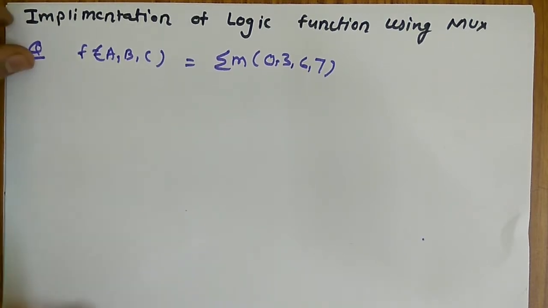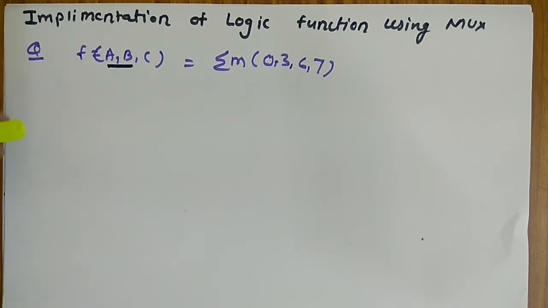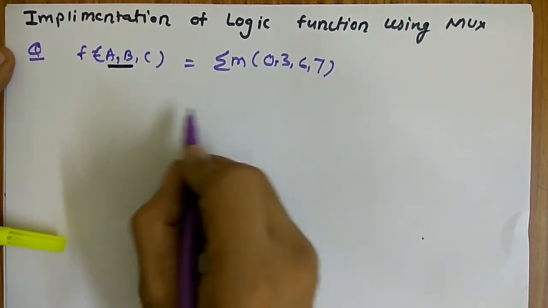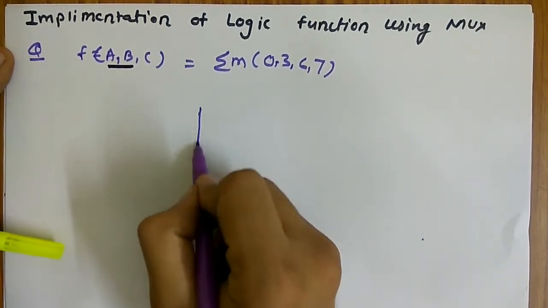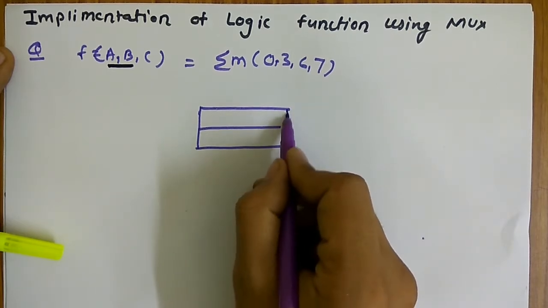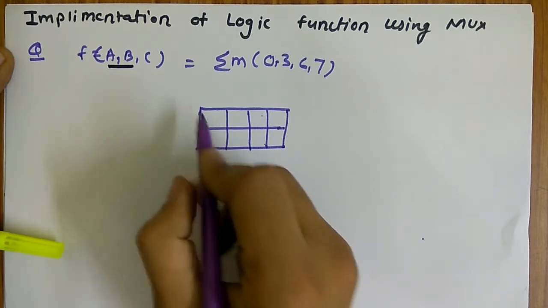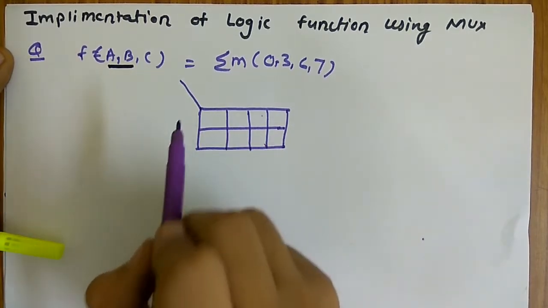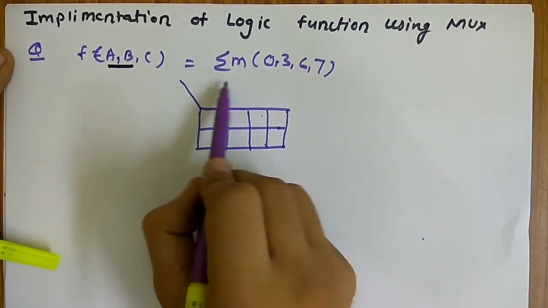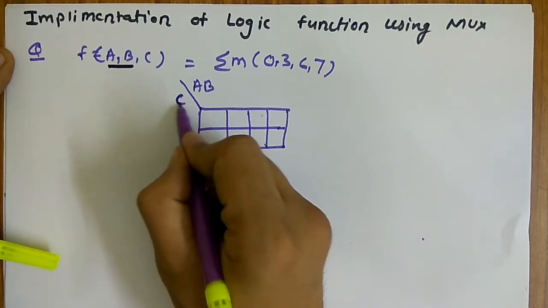Suppose I am going to select these two as select lines. As I explained when we were implementing gates using MUX, whichever we select as select lines, we write here. So I am writing A, B and here C.